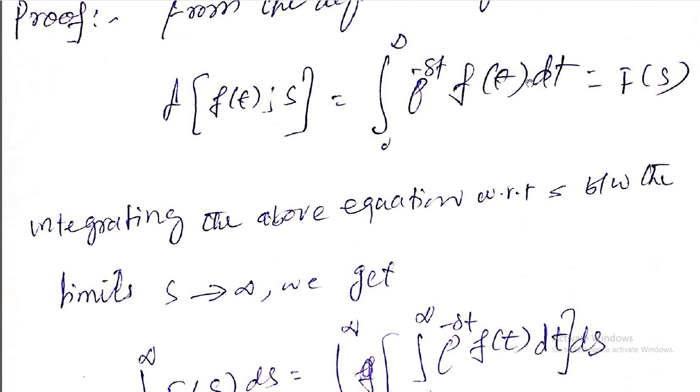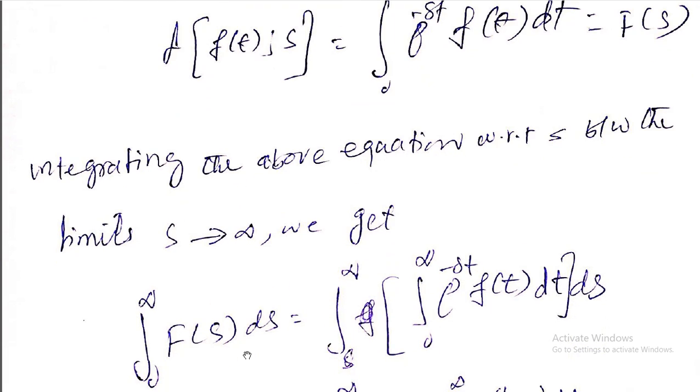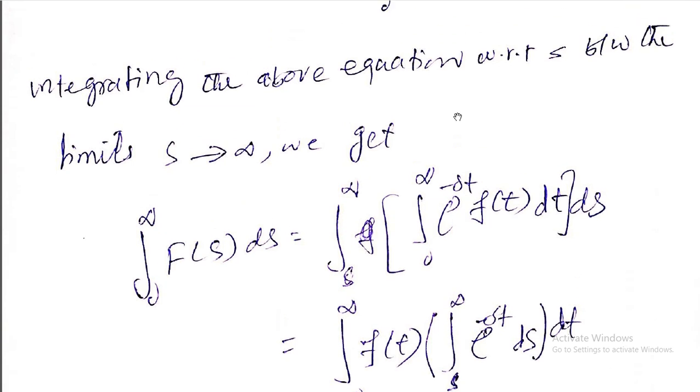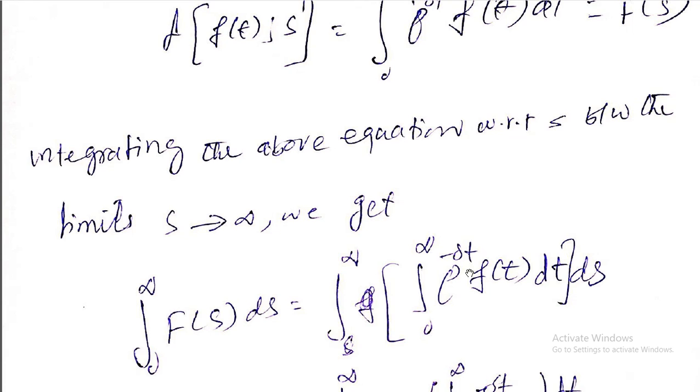Just take the integration of both sides; these are equal now. So we have taken integration from s to infinity on both sides, and this 0 to infinity comes from the definition.